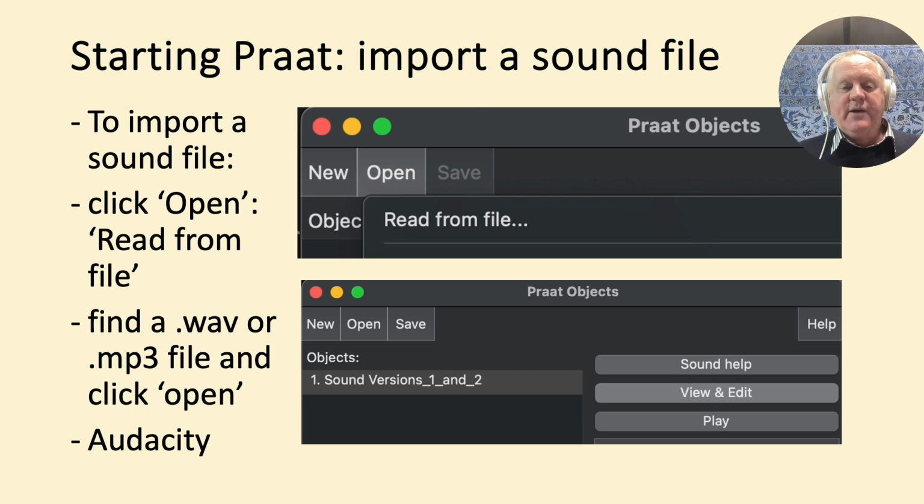There are, of course, other ways to get better quality sound recordings that I won't go into here. And to work out how to use Praat for this episode, you can just use an existing WAV or MP3 sound file of speech of your own.